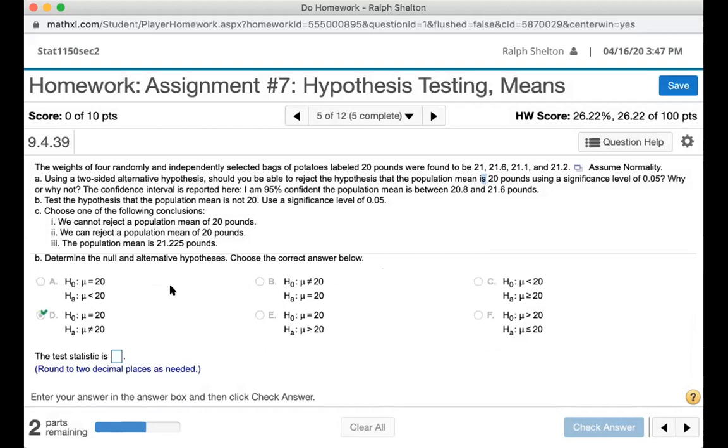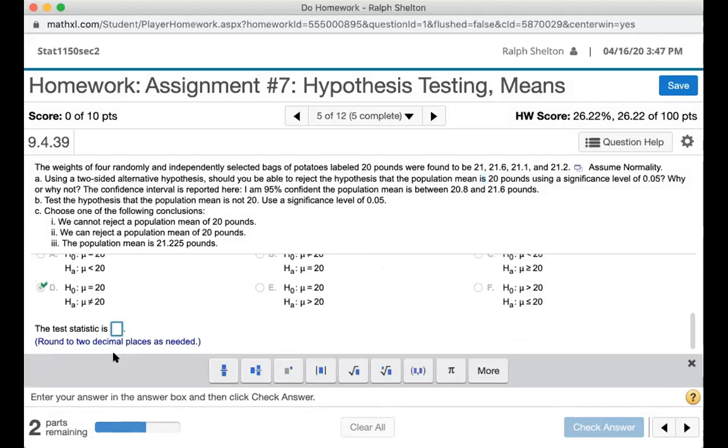Next question says, what is the test statistic? So we have to get t, the t value, and we did this before for the other problem. We'll go into StatCrunch. Let me transfer this data into StatCrunch here. There we go.